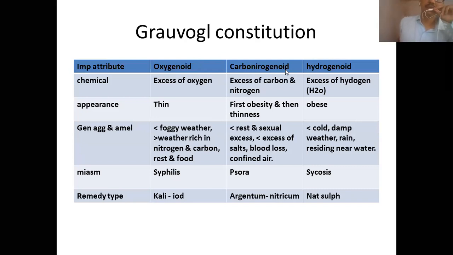Now Dr. Grauvogl has differentiated these three types of constitution depending upon which chemical element is in excess or deficient, what is the appearance of that person, what are the general aggravation and amelioration of this type of constitution, and what miasm is prominently seen in this type of constitution, and what are the important remedy types which are similar to this specific type of constitution.